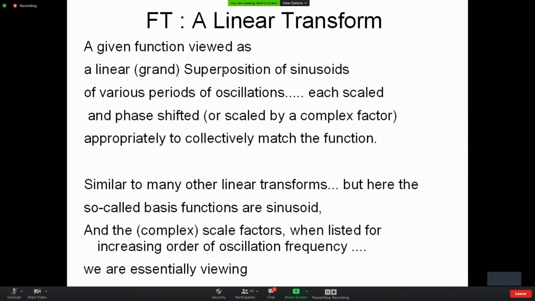So you can combine these in a form where you list these scale factors in order of increasing frequency. That is essentially the Fourier transform description of a given function.